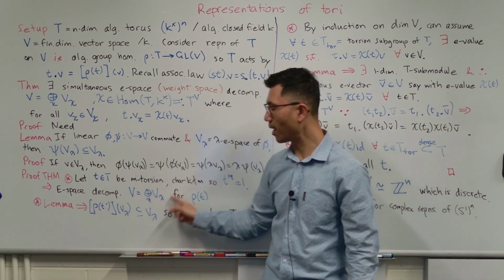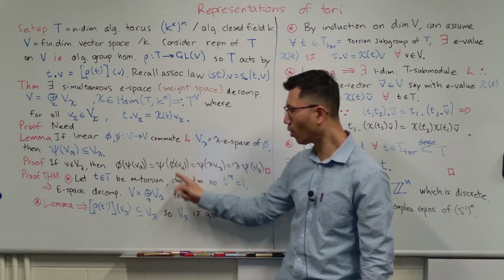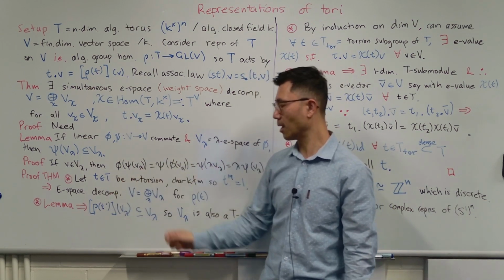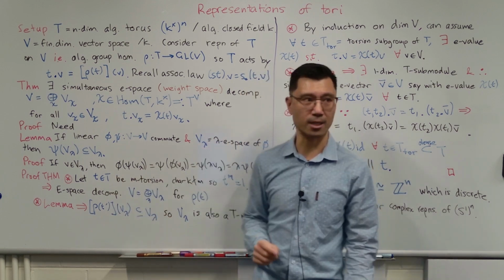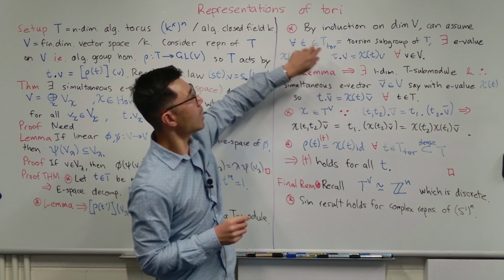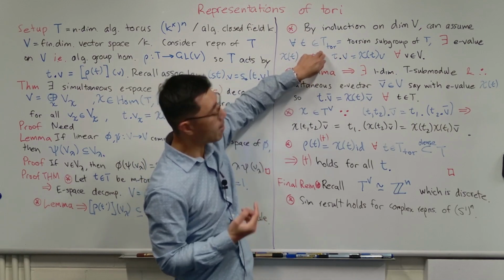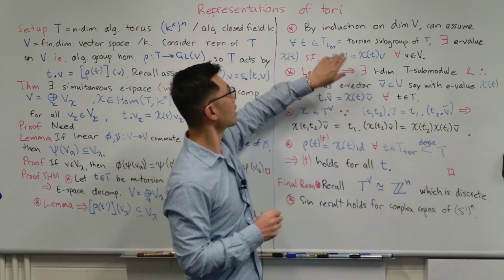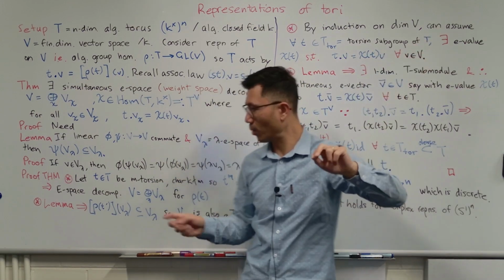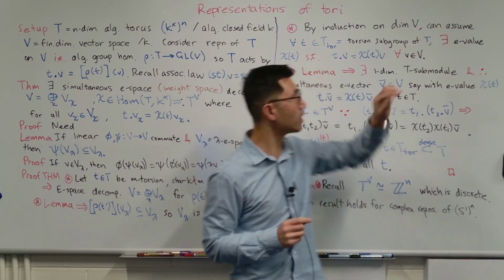So we can assume that in every single case, for all of these M torsion elements inside the torus, you just have a single eigenspace. So that's what we're going to assume. So for every T which is M torsion, for any M satisfying this thing, T tor is the torsion subgroup of T. So they're all the ones which are M torsion for some M satisfying this.